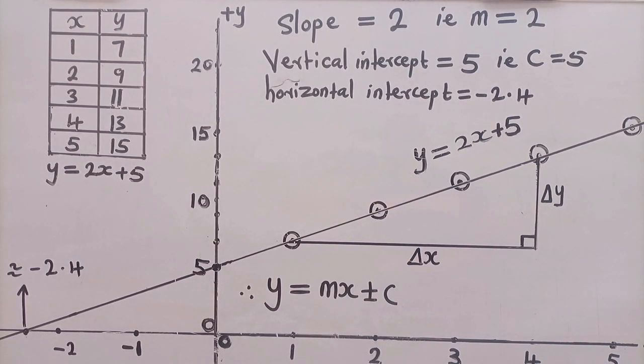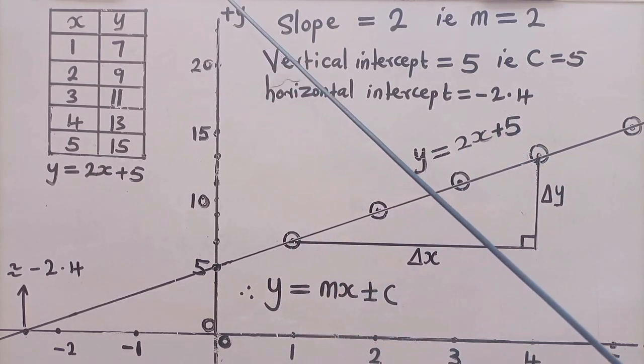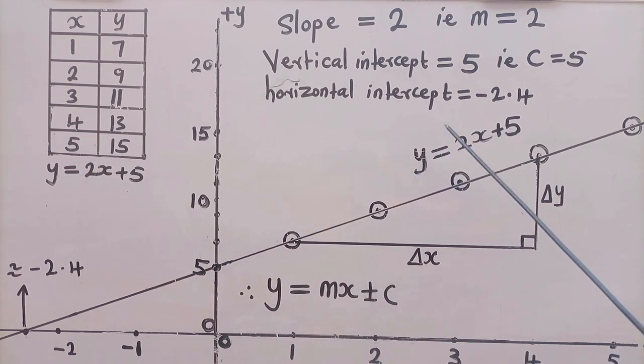We cannot conclude that every slope everywhere is 2. Slope is 2 only for this case. Therefore, we have y is equal to mx, that is slope times the independent variable. We have plus here only because this y leads. Y is leading because all of these are for y.